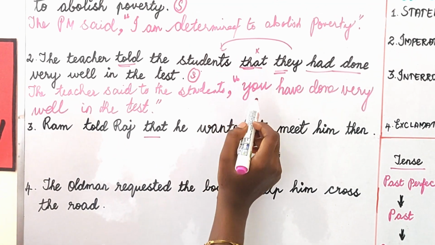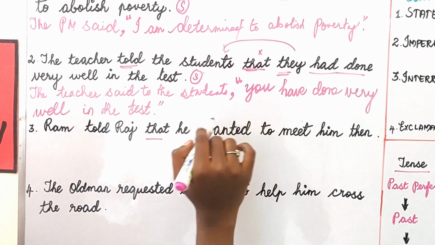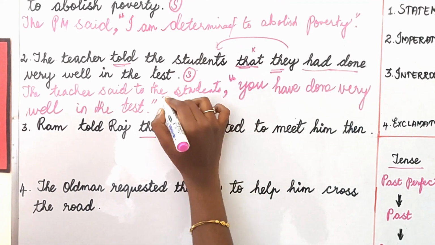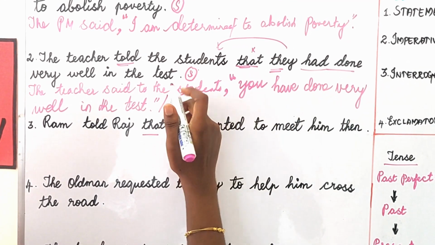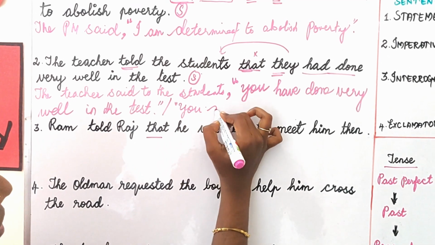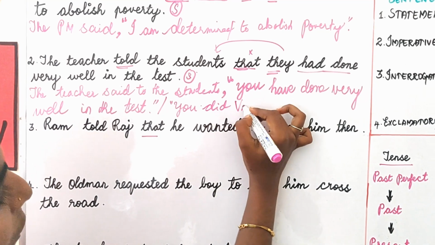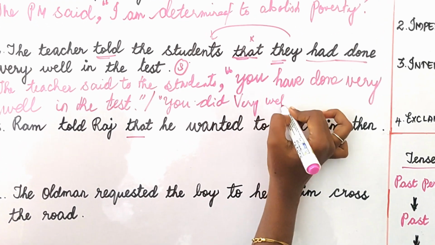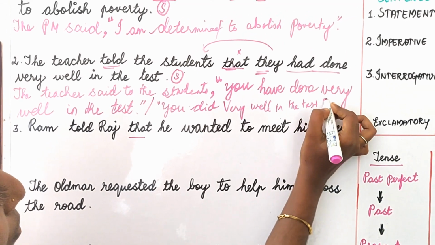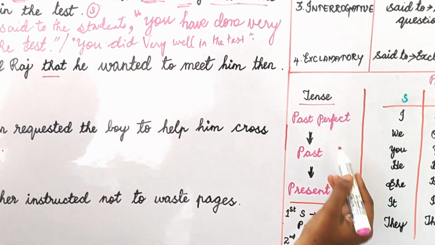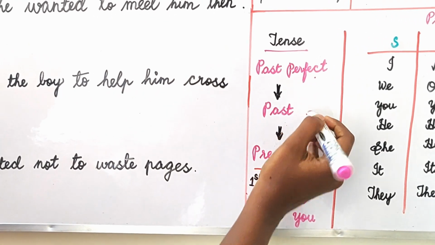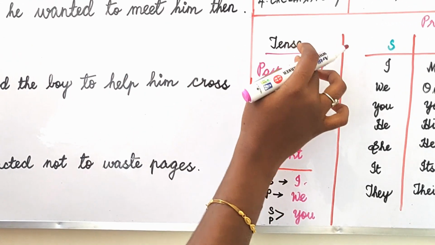Okay. So here there is one more possible answer also. What's the possibility? See, let me write it. The reported part only I am writing. You did very well in the test. So this is also right. How? See the formula I have told you: past perfect will be changed to past. So present to past, past to past perfect.